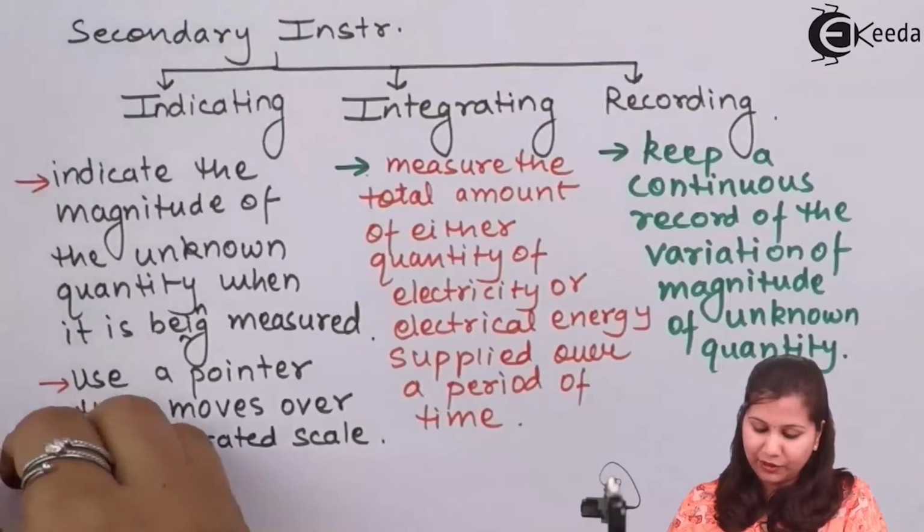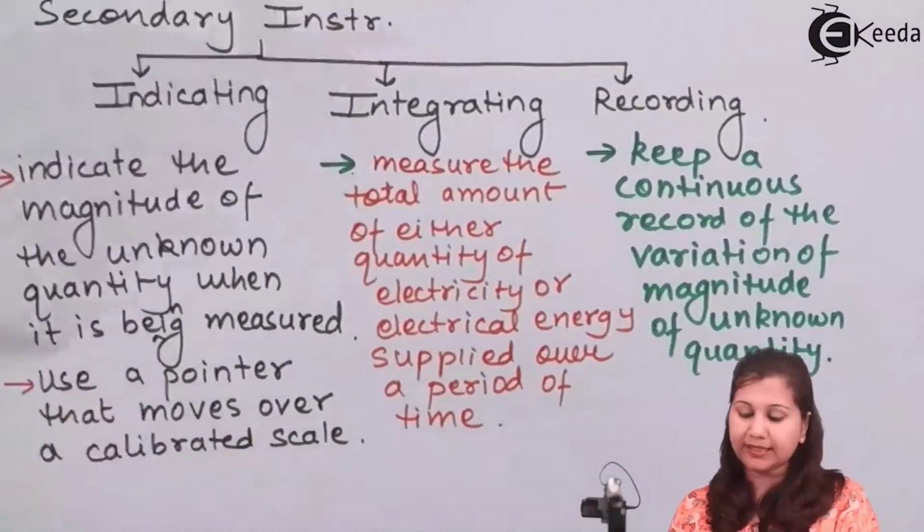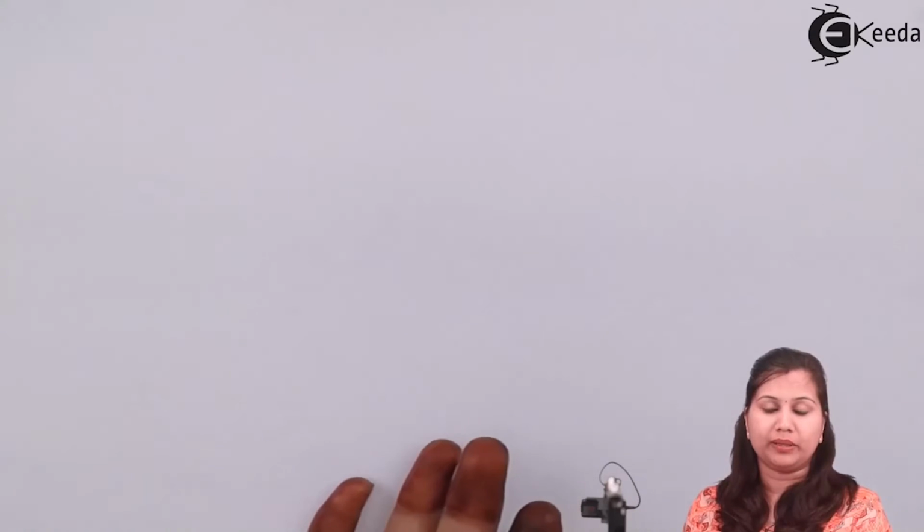Now, the next classification of measuring instruments is on the basis of the signal used by them, like analog and digital instruments. If the output of the instrument is an analog signal, in the analog form, that will be an analog instrument. And if the output of the instrument is in digital form, the instrument is called a digital instrument.